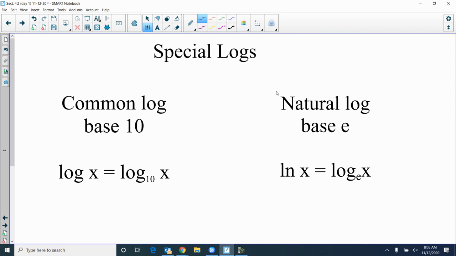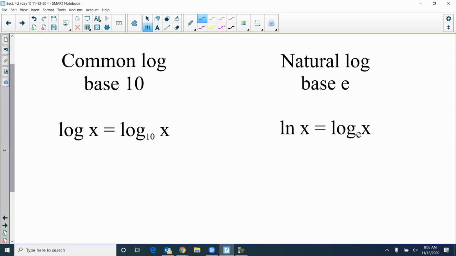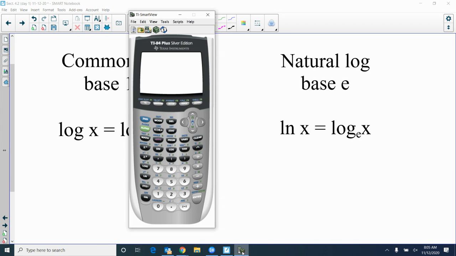We just went over the number e, and that comes up a lot in logarithms. Base 10: if there is no base written, it is understood to be base 10. If you look on your calculator, right there next to the 7, it says log. That is base 10.